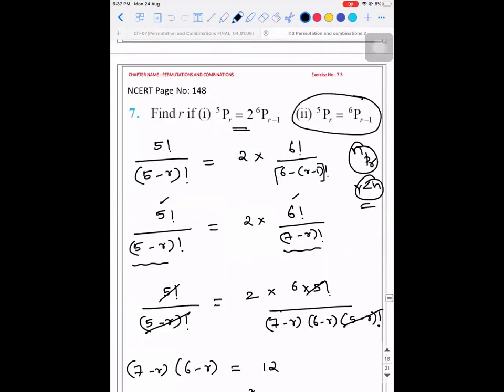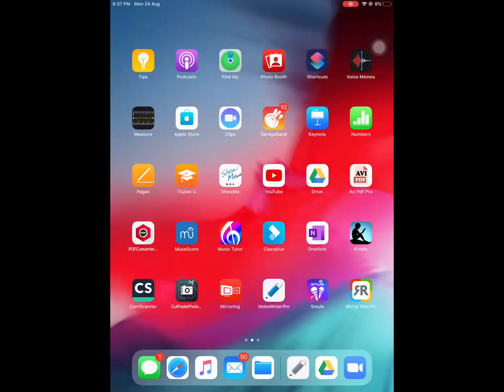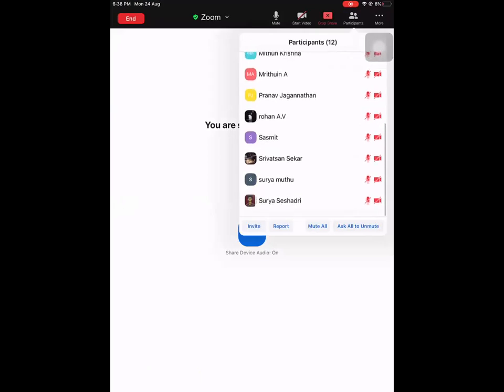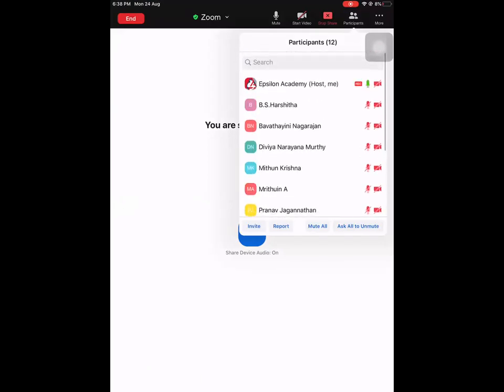5Pr is equal to 6P(r minus 1). You guys solve and tell me. Srivatsan, you're there?